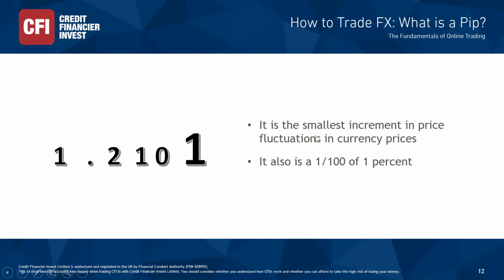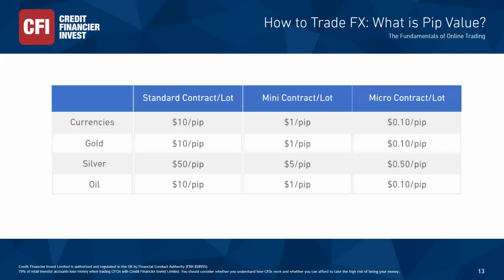Okay, but again, this is essential to know because you probably wonder, okay, perfect, I know what a pip is, so what is the value of that 1 pip? The value of that pip will depend on your contract size. If you are looking to trade one standard contract of the euro versus US dollar, the value of that pip would be $10 per pip.